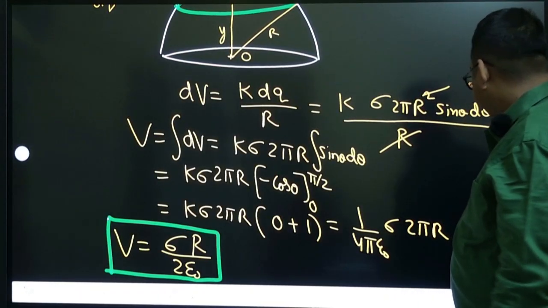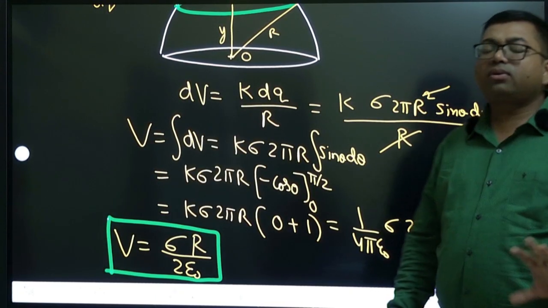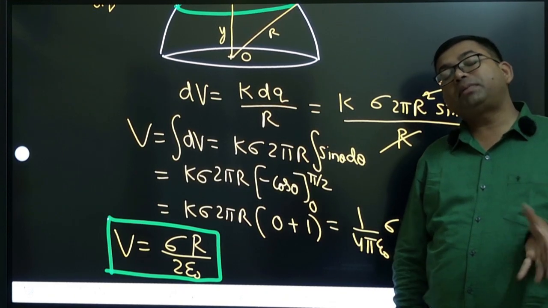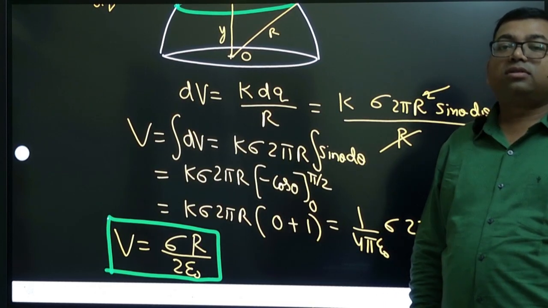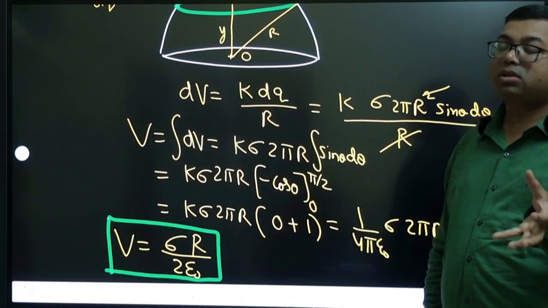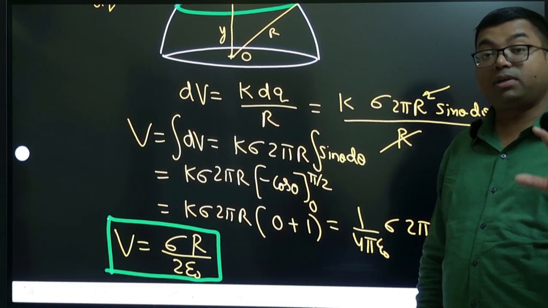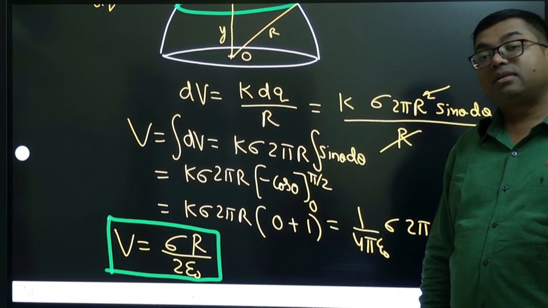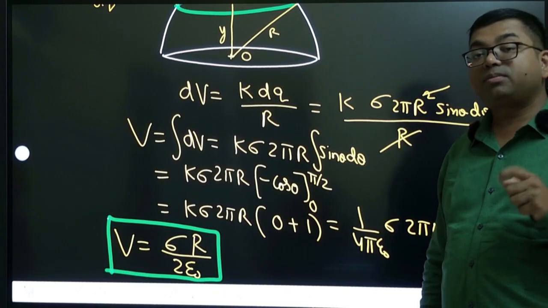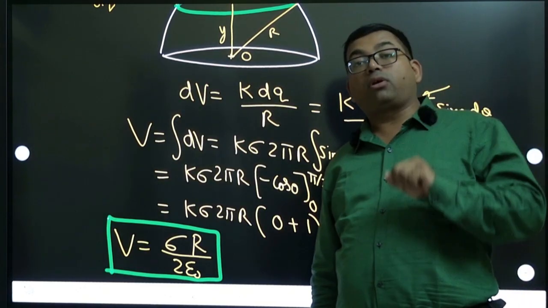But also note that suppose they have given a complete spherical shell, then they may ask for the potential inside, on the surface, and outside, because the field result we know from Gauss law.